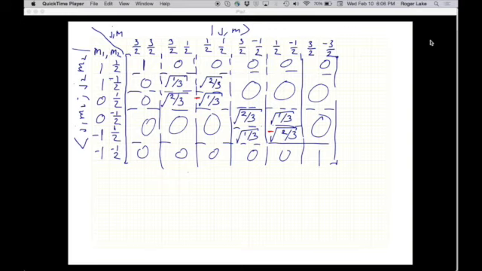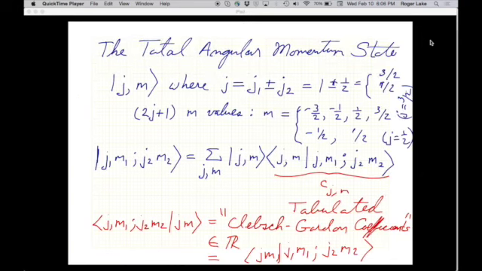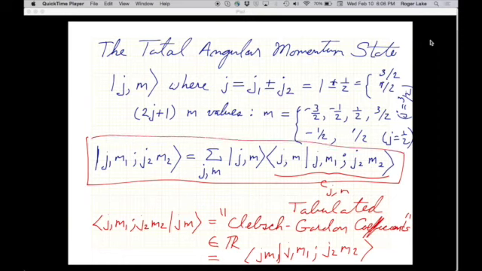And so now we can write out this expansion. These are the matrix elements we needed to write out the expansion that we wrote down here. So this is the expansion we need to go from one basis to the other, and this is the table we just wrote down of the constants that we need.